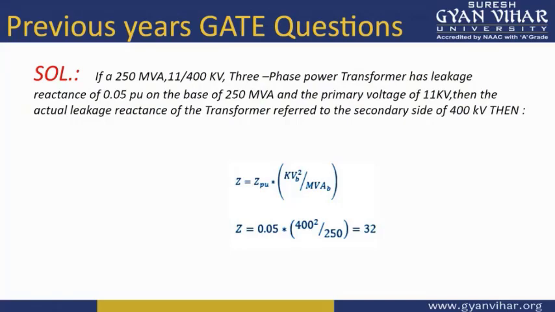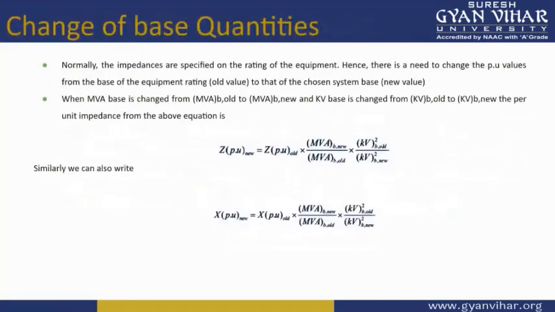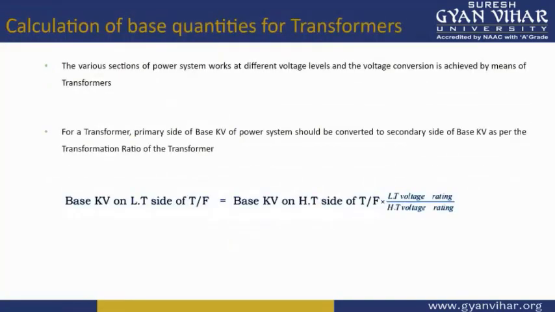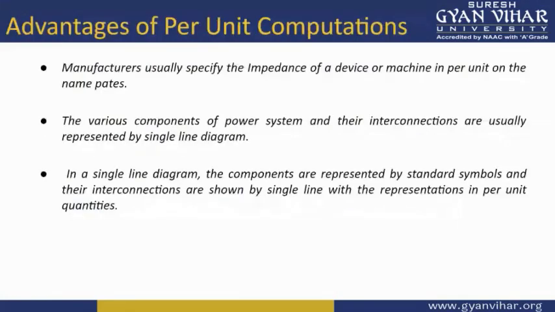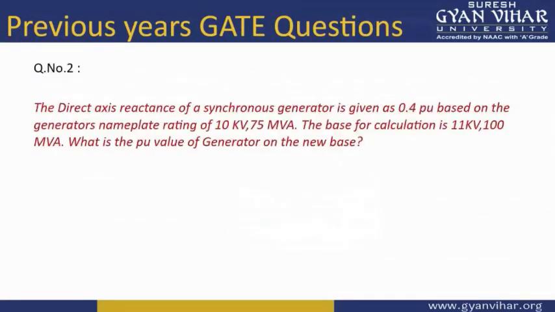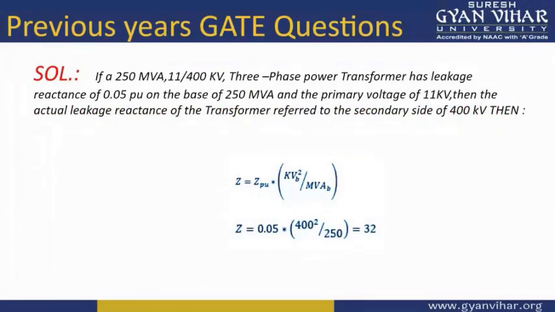If you would like to identify the secondary side, we just need to multiply with the base kV on the secondary side, the voltage rating. Look at this formula. That's what we have done exactly, nothing more than that. The square of the voltage rating.